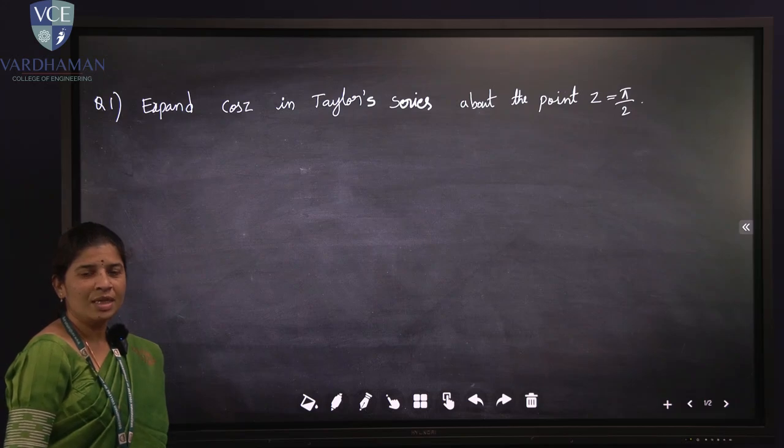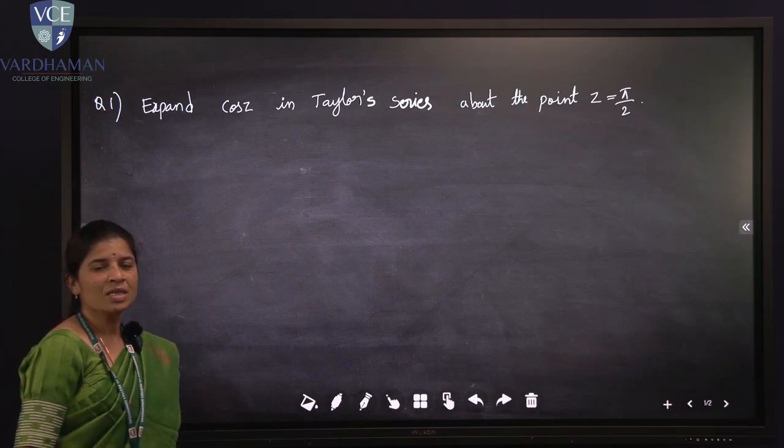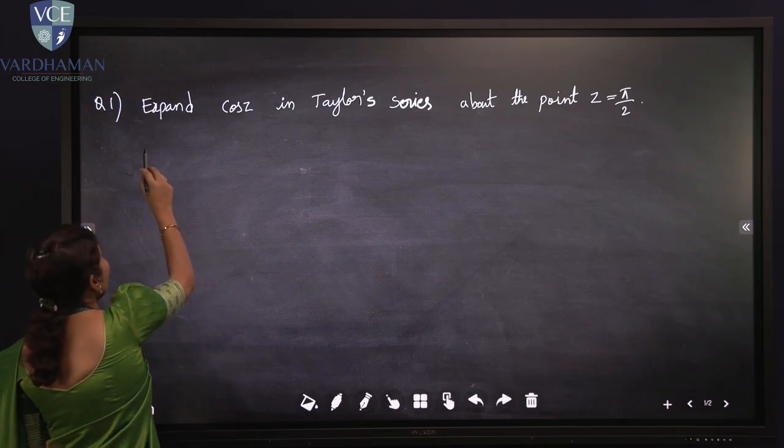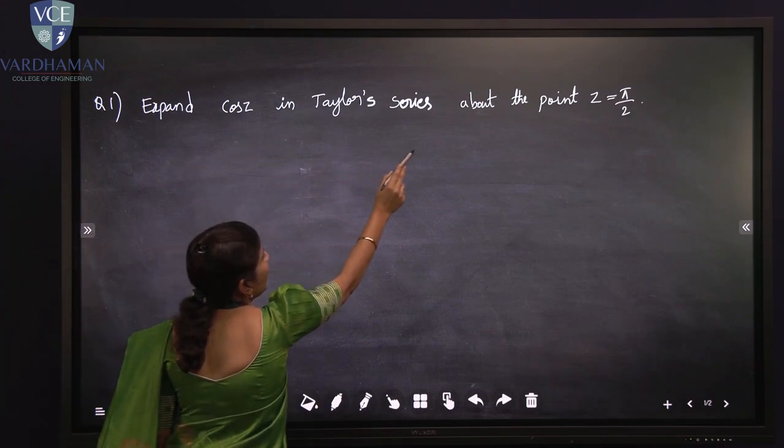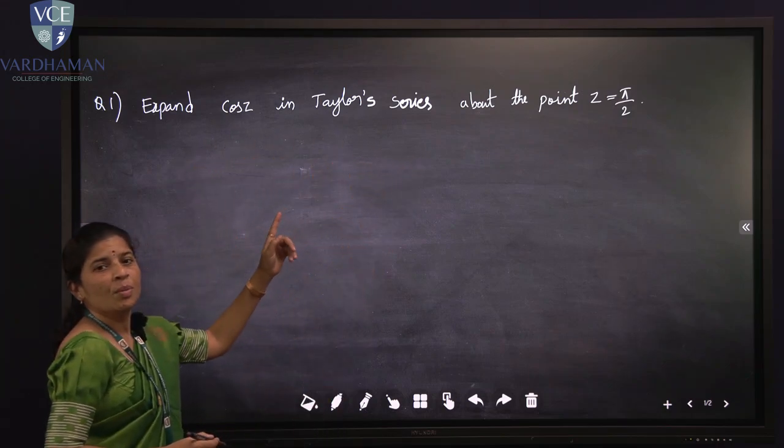Now we use the Taylor series expansion by solving some problems. I will take the first question: expand cos z in Taylor series about the point z equals pi by 2.